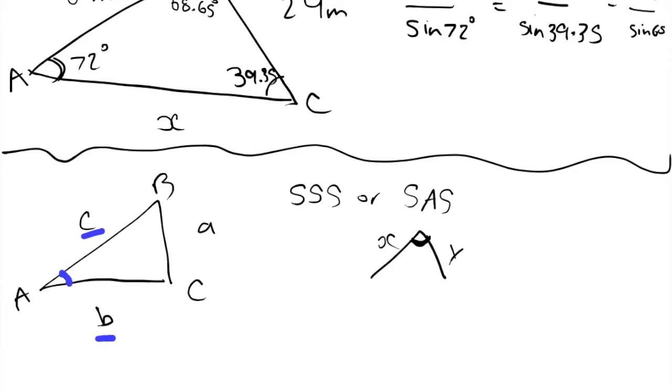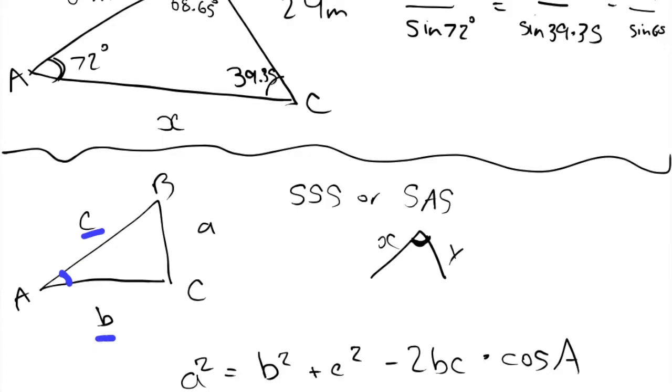Now what you're really solving for is side A. So the formula is simply A squared is equal to B squared plus C squared minus 2BC times cos A, right?